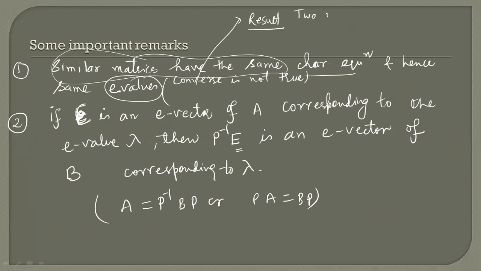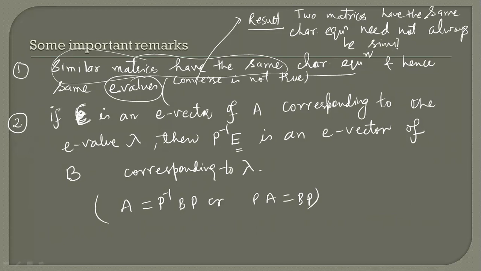Two matrices that have the same characteristic equation need not always be similar. But similar matrices always have the same characteristic equation. The converse is not true.